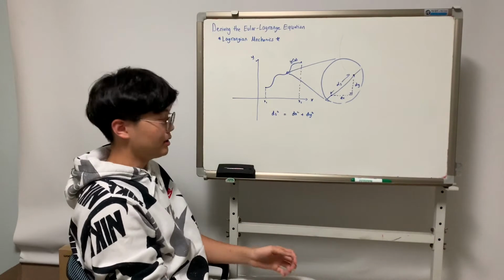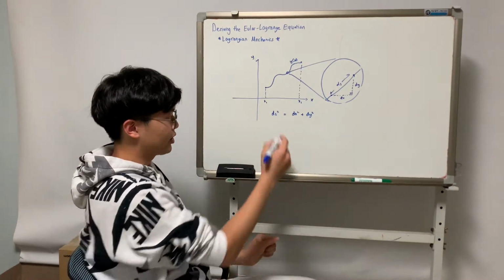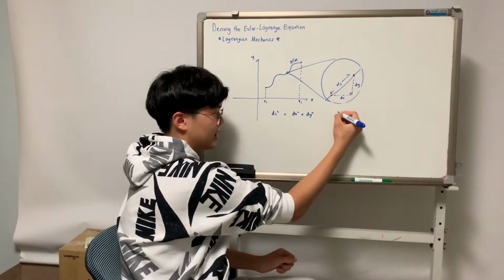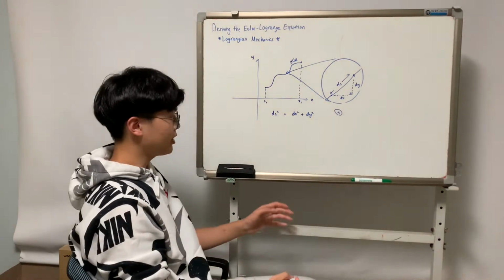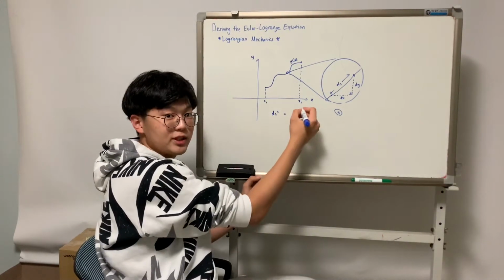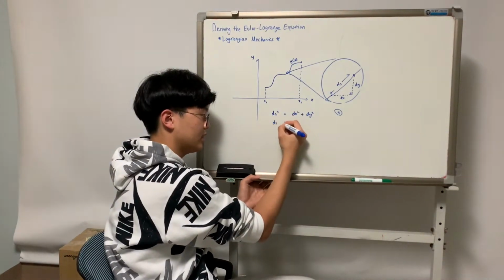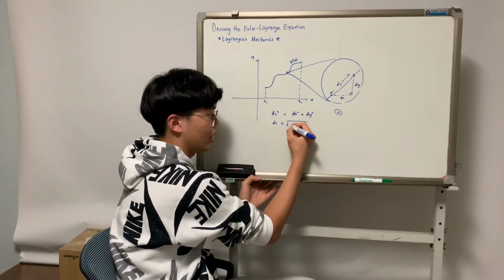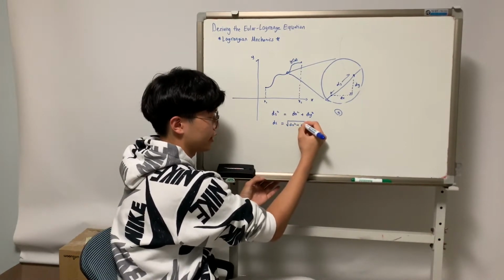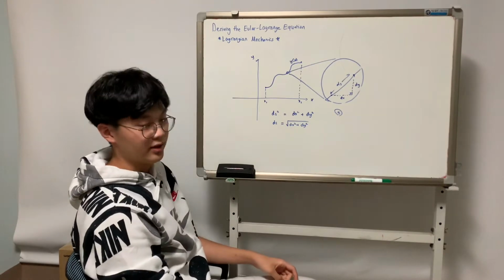Can we represent this in terms of s? Because s is basically what we are trying to find. Well, we could do that. First, we could take the square root of both sides and say that ds is going to be equal to the square root of dx squared plus dy squared. And then what could we do?